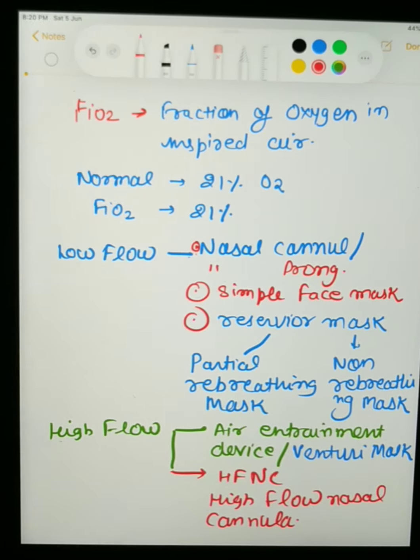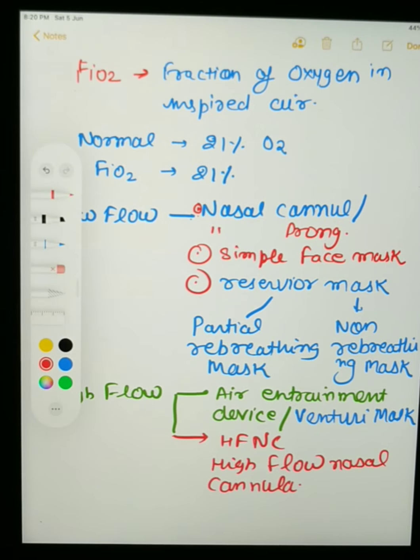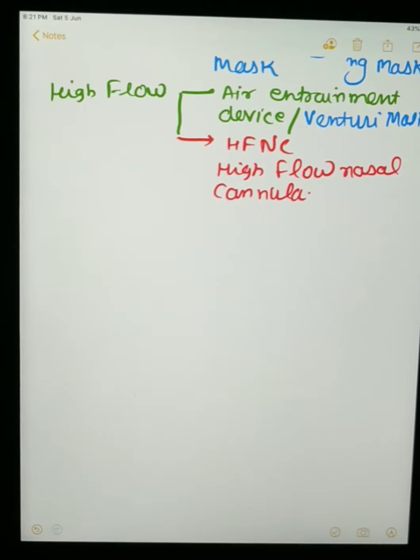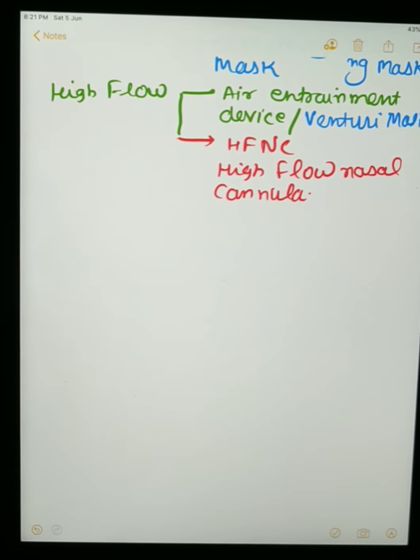So these are the devices with low flow and the high flow system. I will show you each and every device one by one, and at the end of the session we will see how much flow we can give through each device and how much FiO2 we can give through each device.